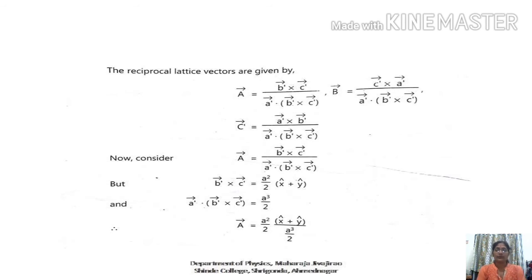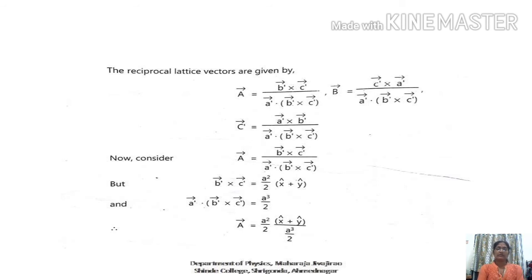Now we will move towards the reciprocal lattice vector. We know that the reciprocal lattice vector A is given as B dash cross C dash divided by A dash dot B dash cross C dash.